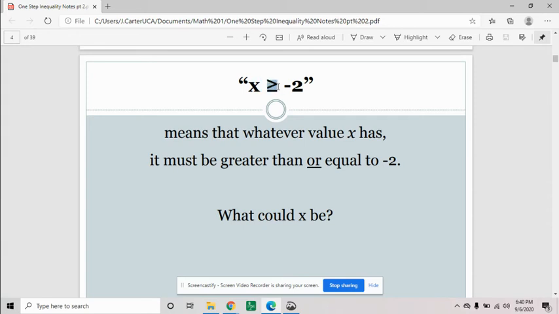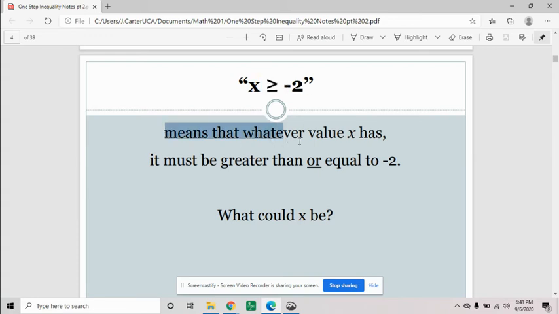So this means everything in this direction, everything to the right is what x could be, which again, if you think of a number line, any numbers on the right-hand side are positive numbers, and those are getting bigger and bigger all the way up to a million, infinity. So that means greater than, anything greater than -2.